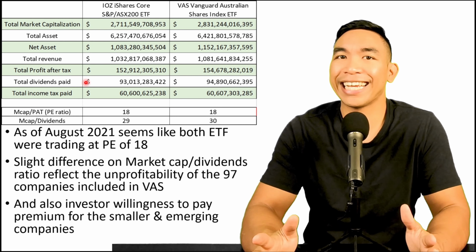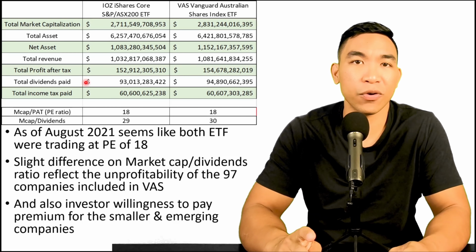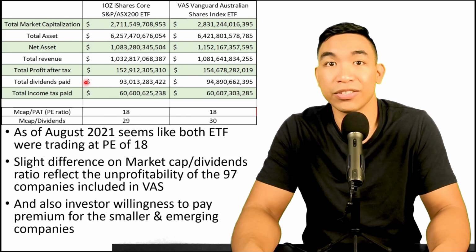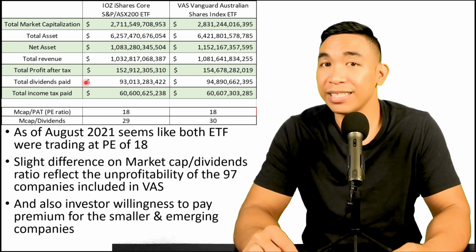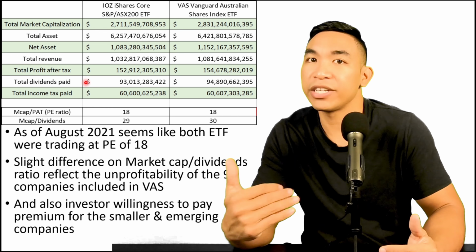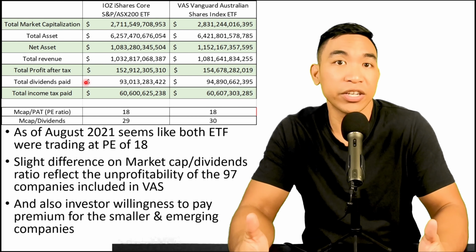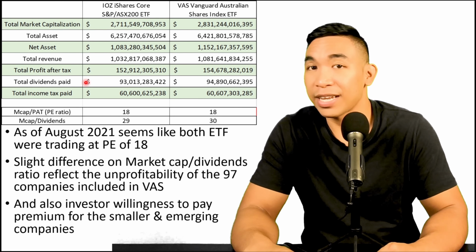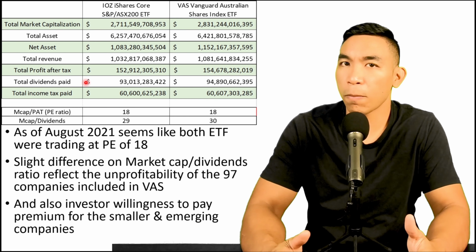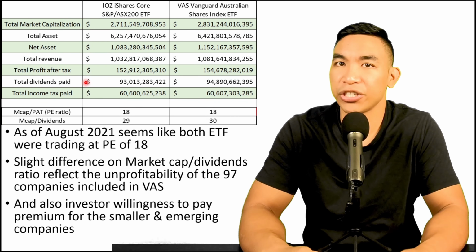And interestingly, the ratio is similar for the ASX300 ETF with VAS. It's also about 18. But the slight difference is in the market cap to dividend ratio for financial year 2021. Because like I said, maybe the 97 companies were not profitable during that financial year.